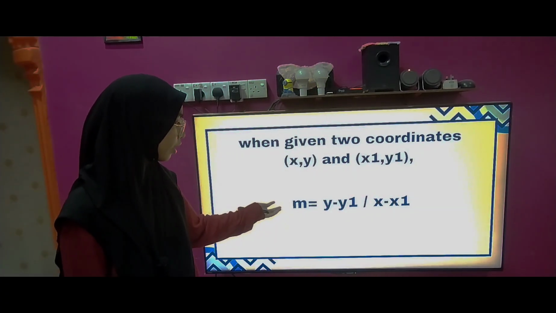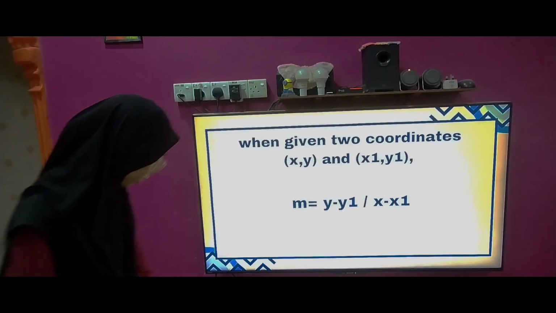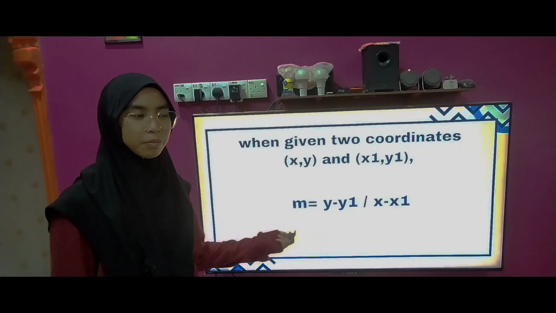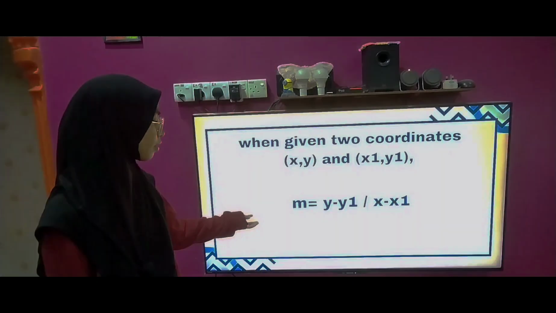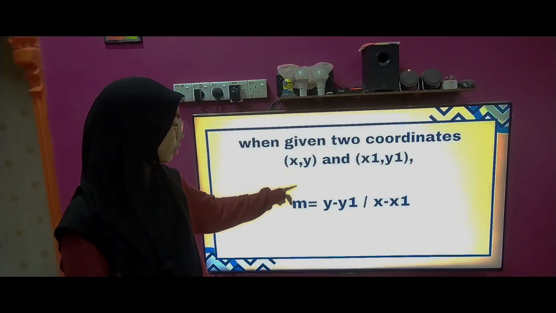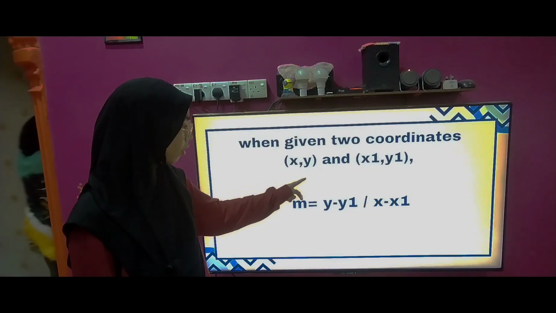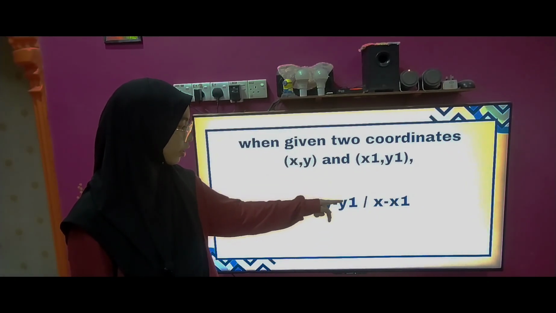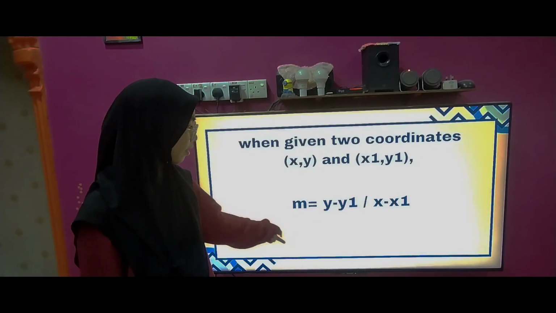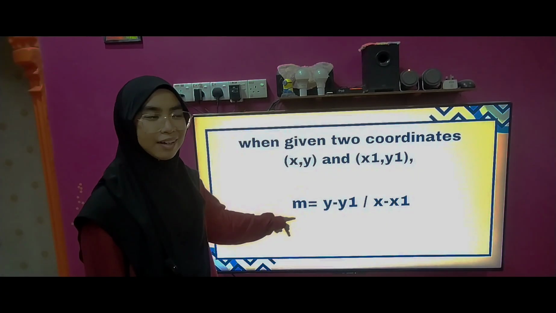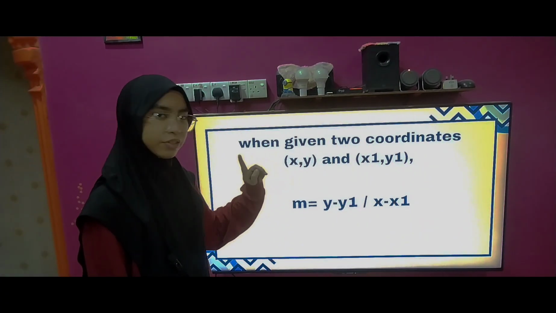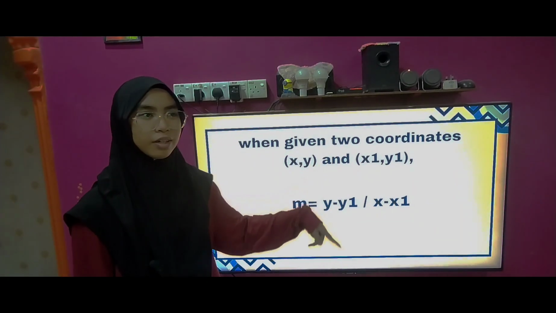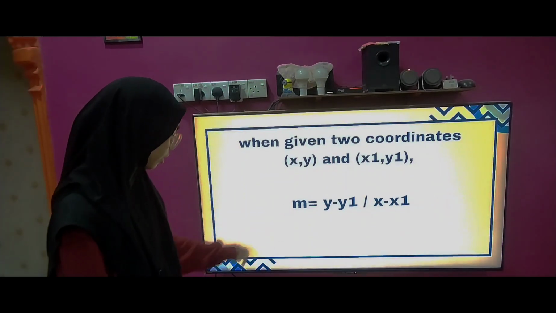So as we had the equations earlier, we can find the gradient or the slope, or the keturunan, of the graph with the equation: the y coordinate of the first coordinate minus the y coordinate of the second coordinate, divided by the x coordinate of your first coordinate minus the x coordinate of your second coordinate.